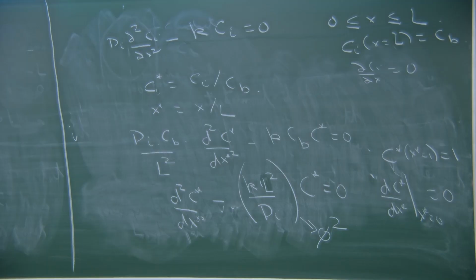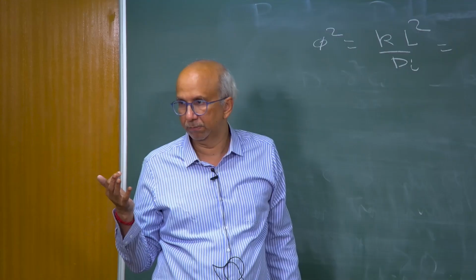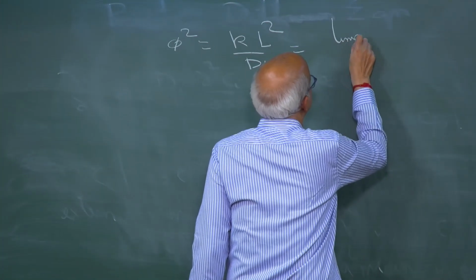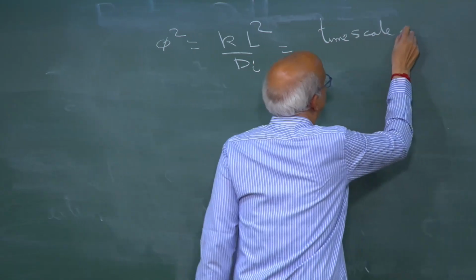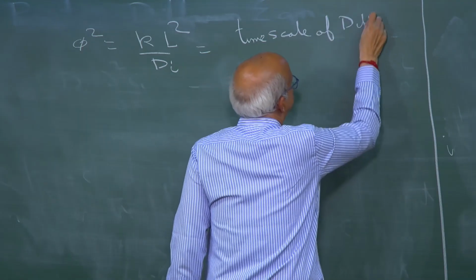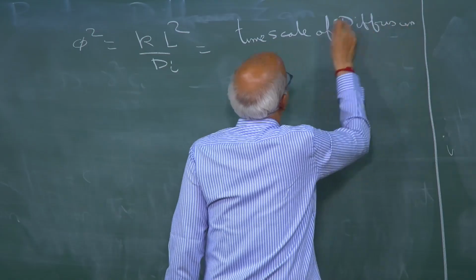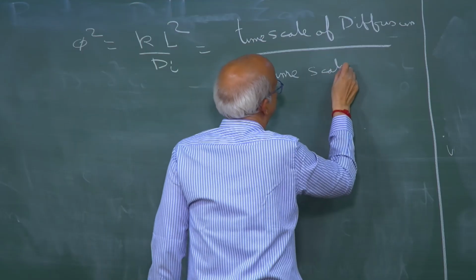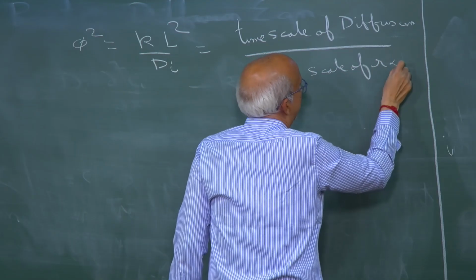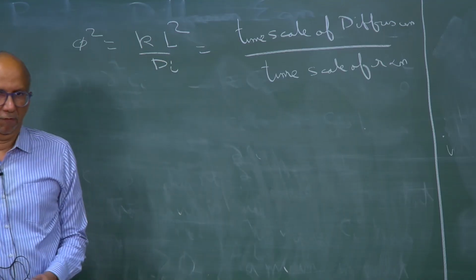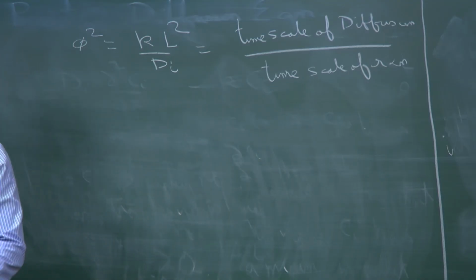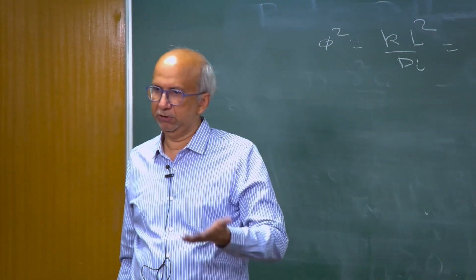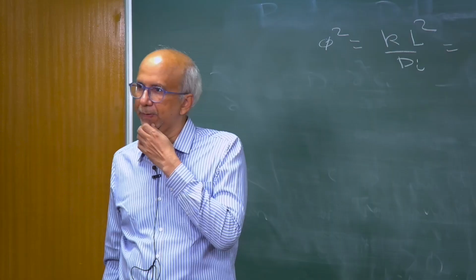So, it has a time of 1 by second, okay. So, this is time scale of diffusion to time scale of reaction. When you had Reynolds number, you had ratio of inertial forces, viscous forces, okay. So, something like this. Now, instead of forces, we are talking about time scales, okay.